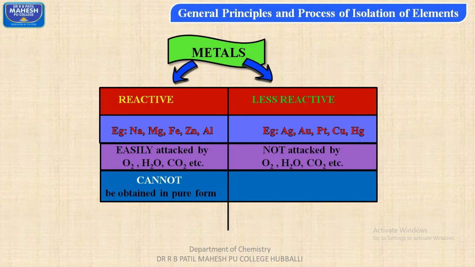When the reactivity of metals is very high, they cannot be obtained in the pure form from nature. Reactive metals can't be obtained in the pure form. Whereas less reactive metals react less with reagents, that is oxygen, water, carbon dioxide, so they can easily be obtained in their native form.